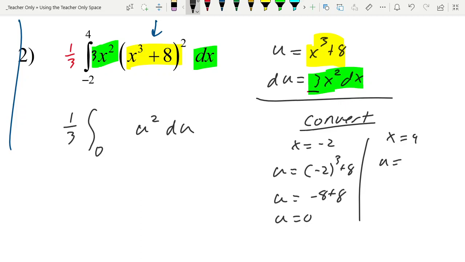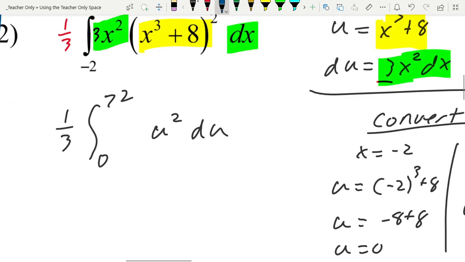So we just take our function here and sub that in. 4 cubed, I believe, is 64. 64 plus 8 would make 72. So this would be an upper bound of 72. And now notice, no x equals, it's just 72 because it's u. It's matching the variables we're working with.